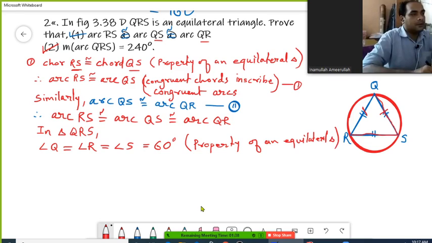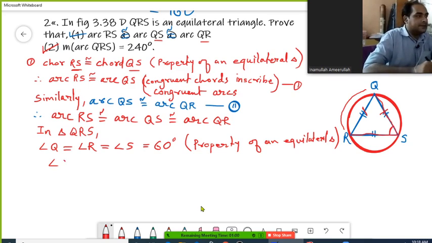Okay, so if these three angles are of 60 degree, now come to this, we need arc QRS. So I'll begin with arc QR. So here we can say major arc, we are talking about this arc QR. So this is the intercepted arc of this angle S, and this angle S is actually an inscribed angle.